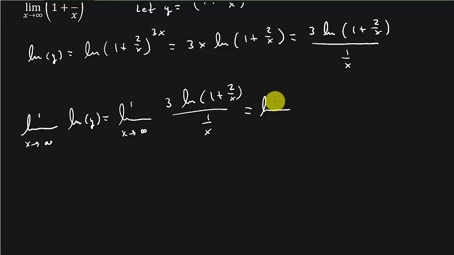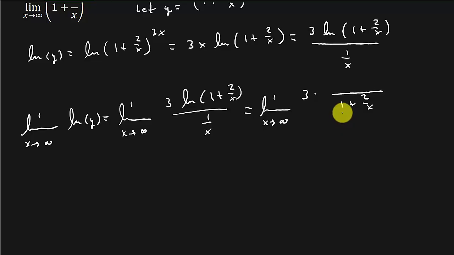So that's going to be the limit as x goes to infinity of 3 times, okay, take the natural log of 1 plus 2 over x. Remember, whatever you're taking the natural log of goes in the denominator, and the derivative of this goes in the numerator.